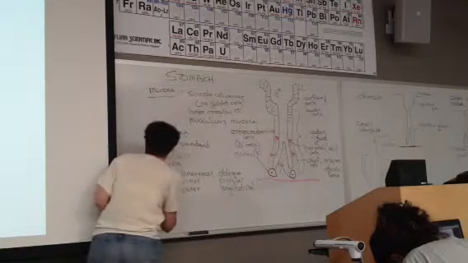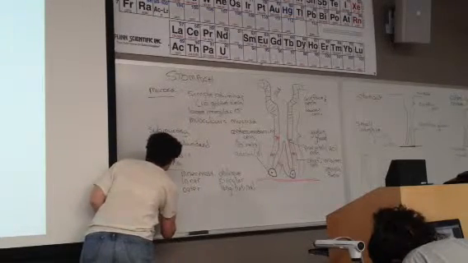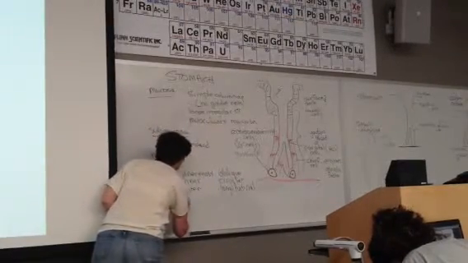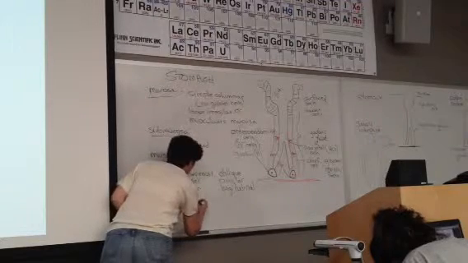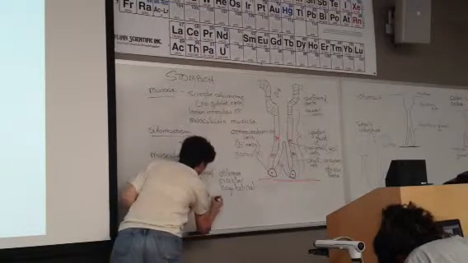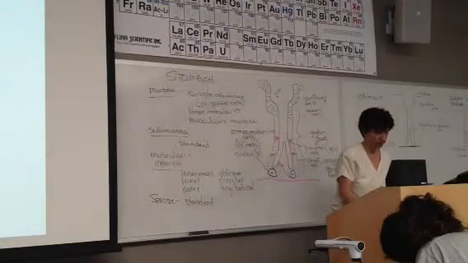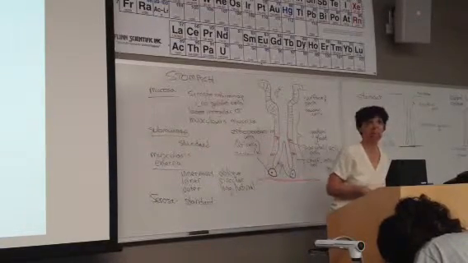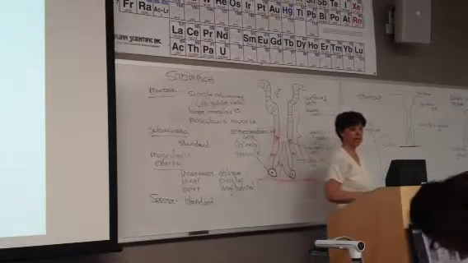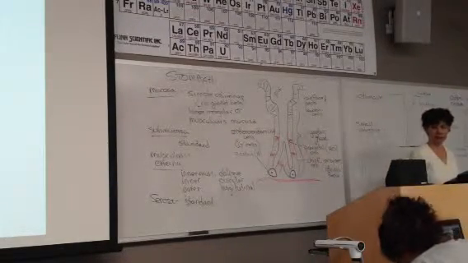So the description of that is going to be standard. So if you can't see what I'm writing, serosa hyphen standard. So standard for serosa is visceral peritoneum. Simple squamous epithelium, loose irregular connective tissue.